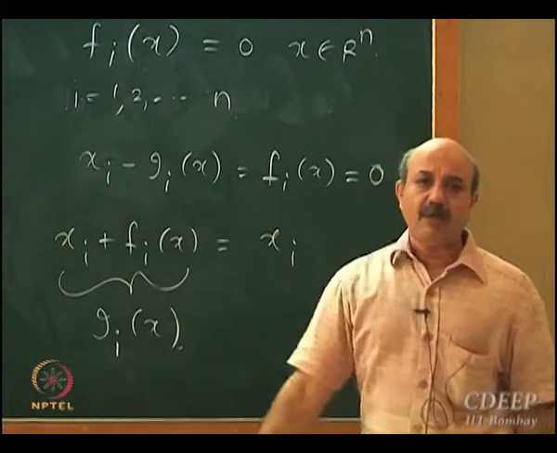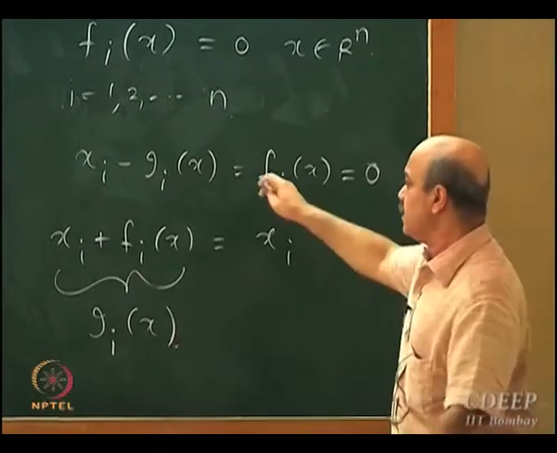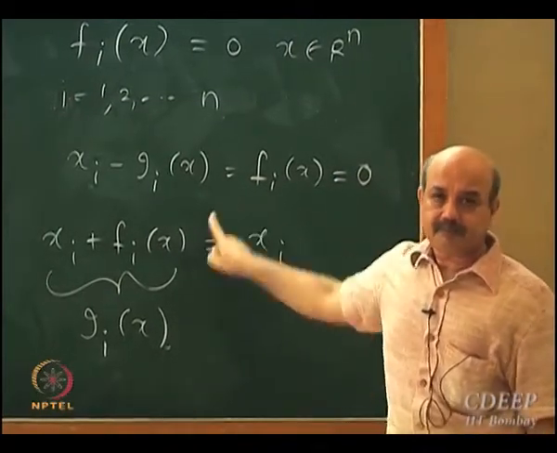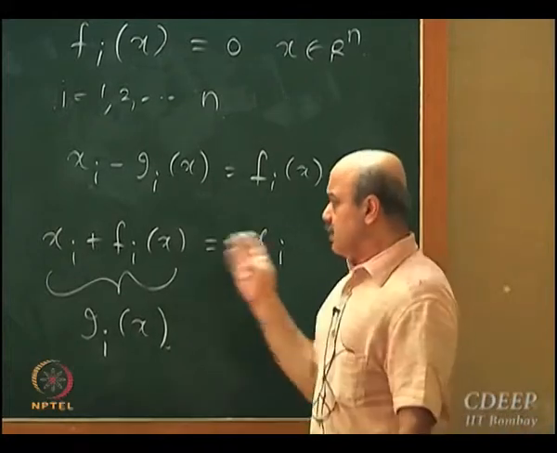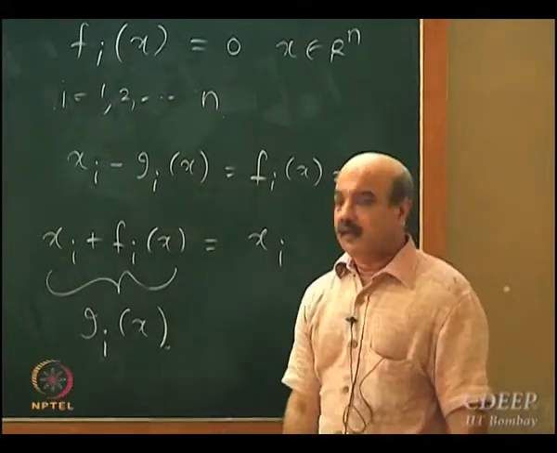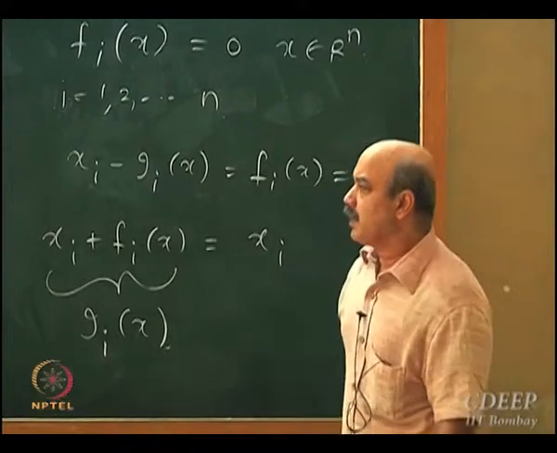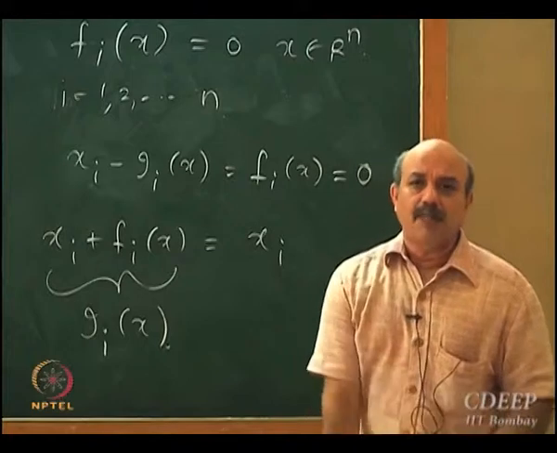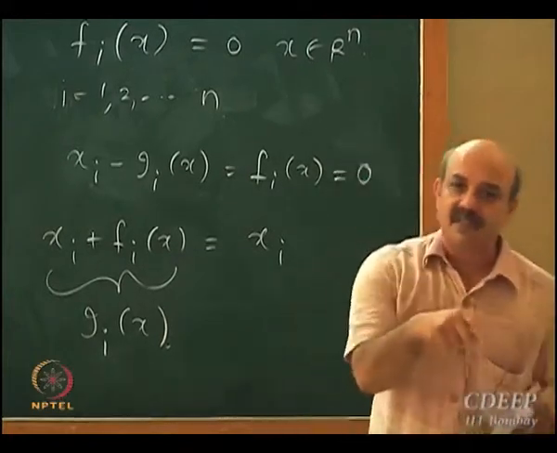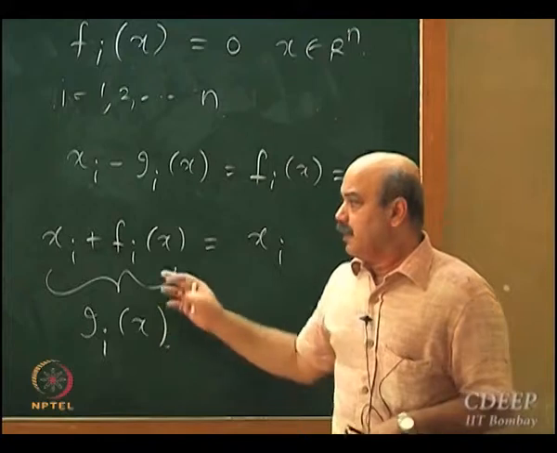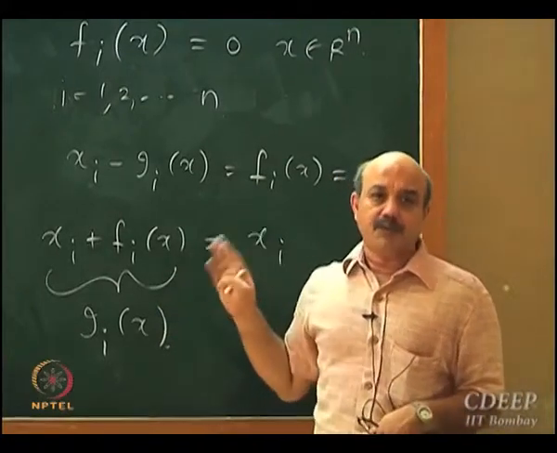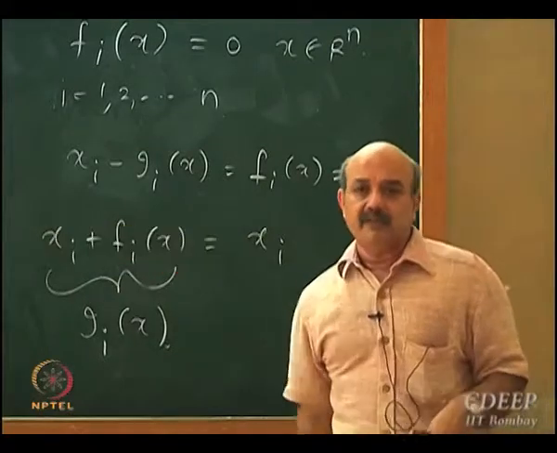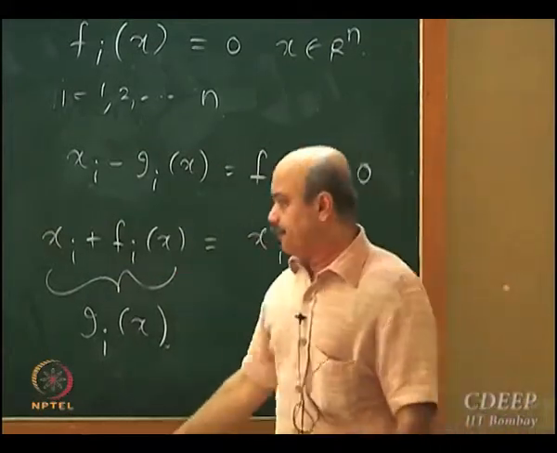So basically I want to rearrange it as xi minus gi of x. This is just adding and subtracting xi on both sides. I am putting it in this form because of the particular way this method is implemented. But what you will see soon is that this method is nothing but a multivariable analog of the secant method.